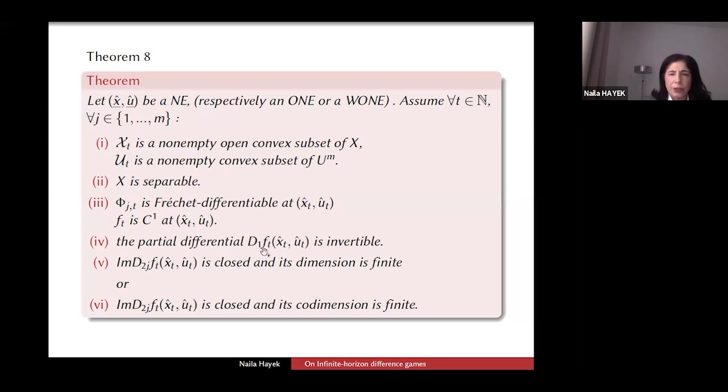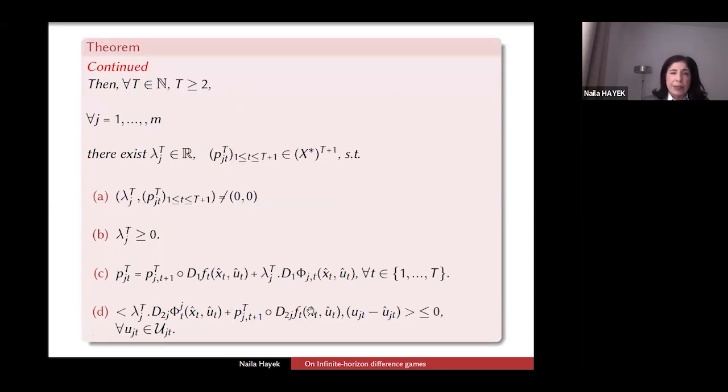The partial differential invertible, we already had this condition. I add the new condition: the image of the second partial differential with respect to u_j of F_t is closed and of finite dimension or else of finite codimension.